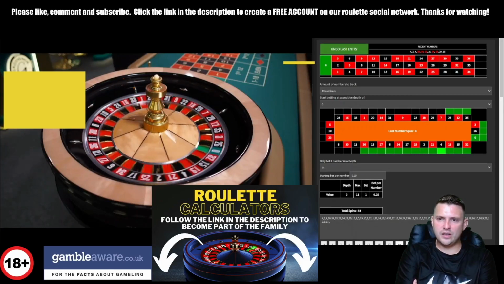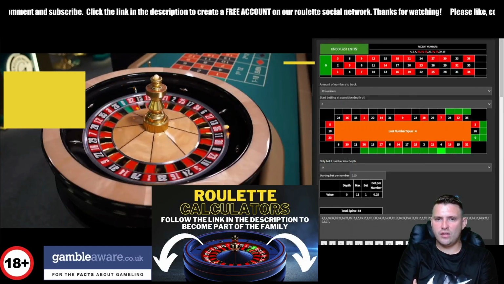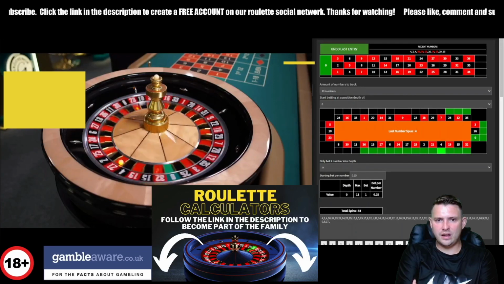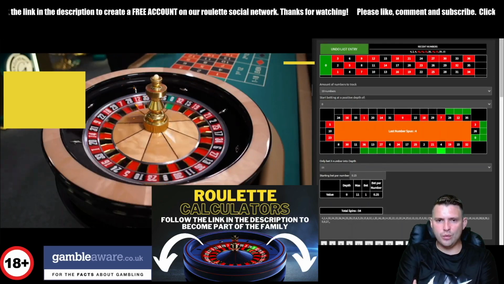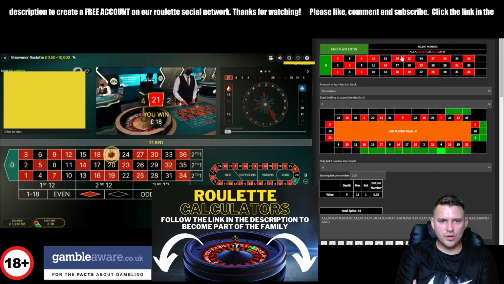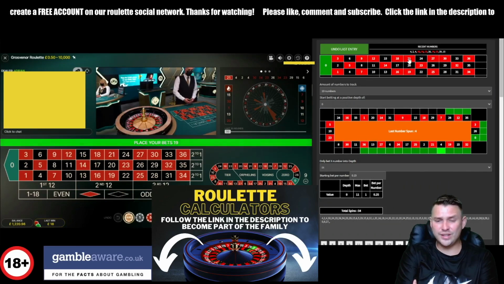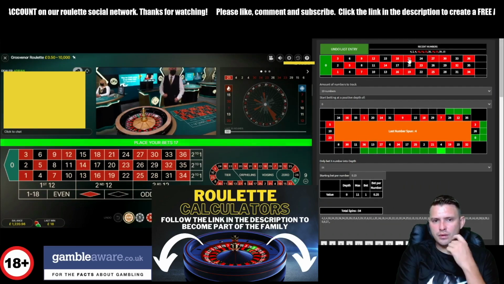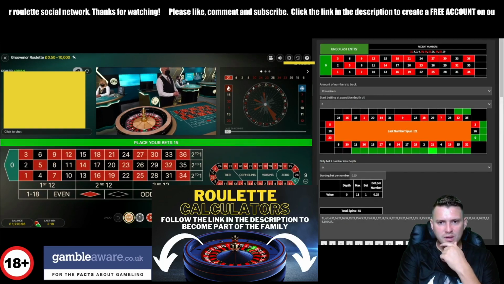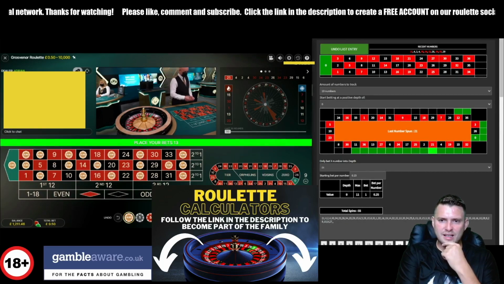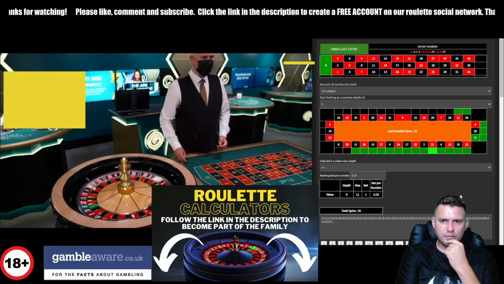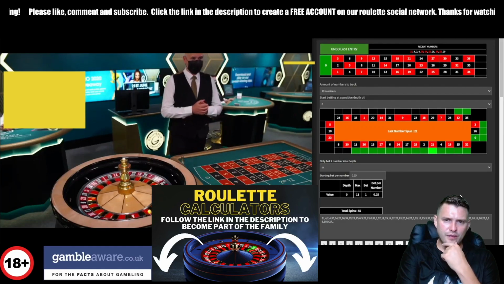Or he might just be looking at doing a progression, 50p on the highlighted, and if it misses, then increasing it. That's come in for him, number 21. So that's put him up to £1,220. He's £200 up now, pretty much on the button. Looks like he's sticking to the highlighted again, just doing smaller bets, 50p per number.